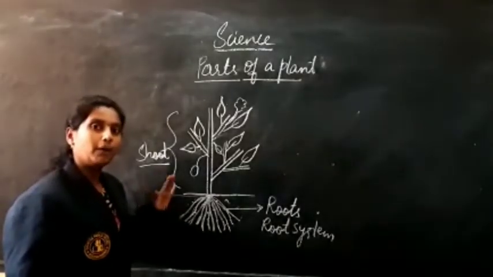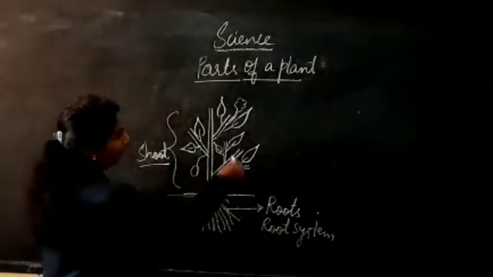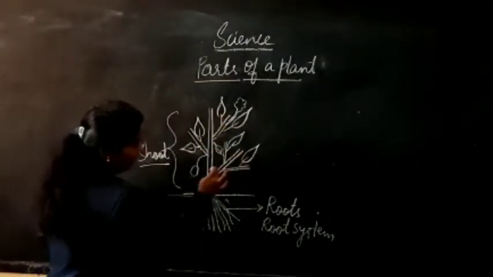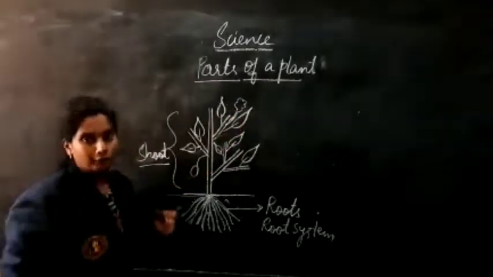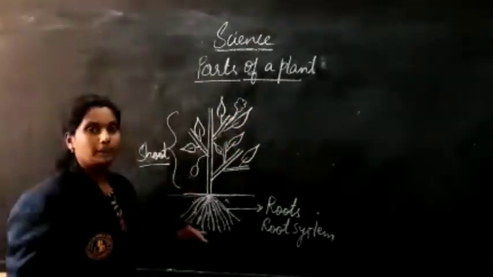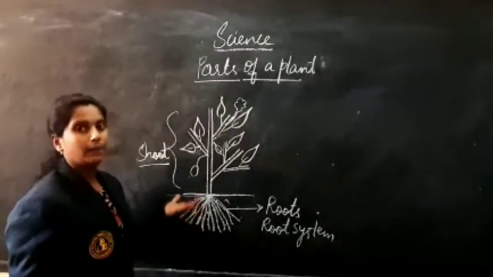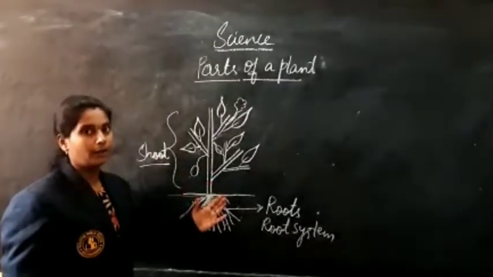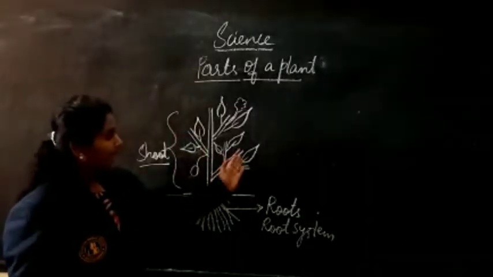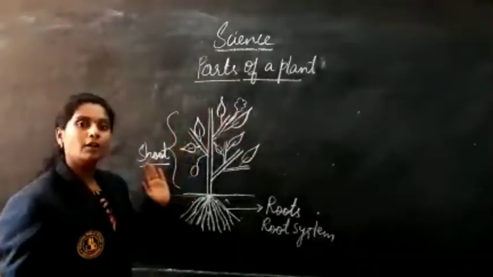The shoot contains a number of parts like stem, branches, leaves, flowers and fruits. Only the roots are present inside the soil, and what is above the soil is the shoot, which contains the stem, branches, leaves, flowers and fruits.